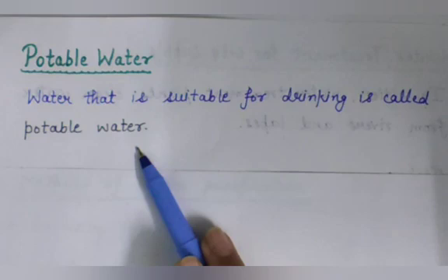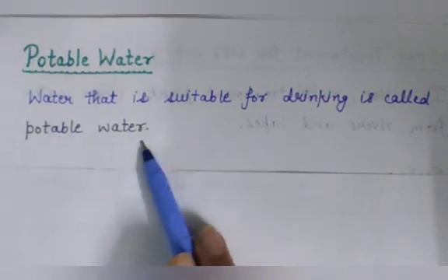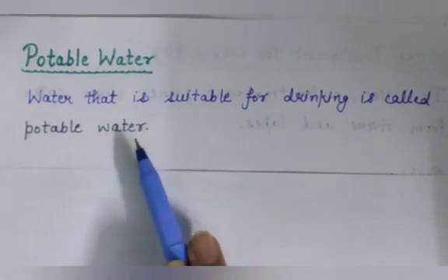Potable water is colorless, odorless, transparent and free from harmful chemicals. So basically the water that is free from impurities is called potable water. Potable water is pure water.